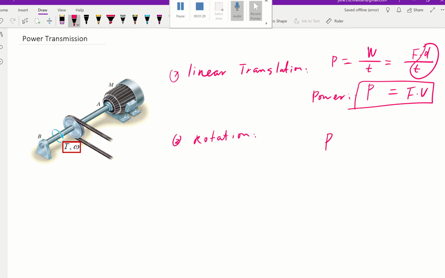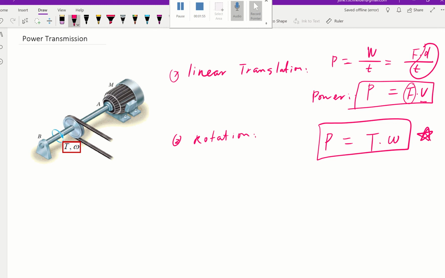So same power, what will be the counterpart for force in the rotational world? That's going to be torque, right? That's going to be T, which we call torque or moment. And what's going to be the counterpart for velocity? That's going to be angular velocity. So here, that's our new formula for power transmission. Power is equal to torque times angular velocity.